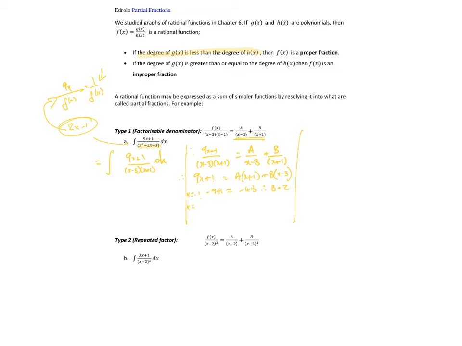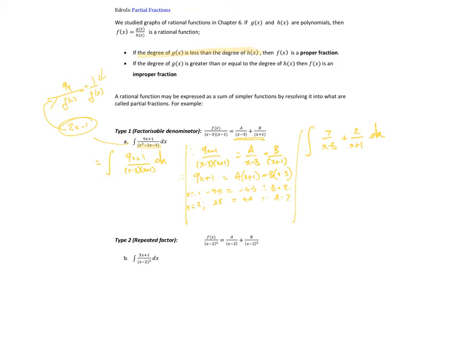If I put x equal to 3, I get 28 is equal to 4a, and we get a is equal to 7. So then my integral can be written as 7 over x minus 3 plus 2 over x plus 1 dx. Now, hopefully, we're looking at that thinking, the derivative of each of the denominators is 1. It's pretty much present in the top.